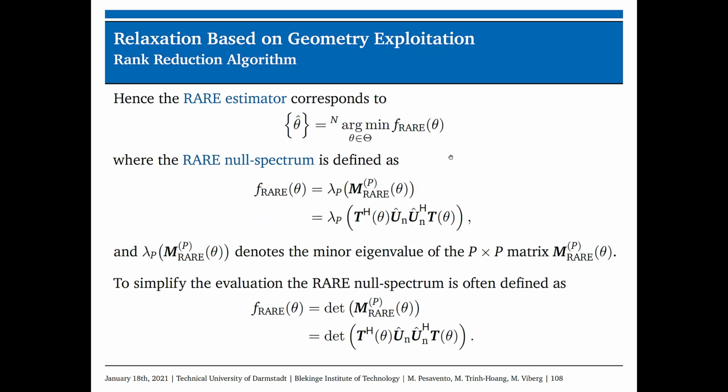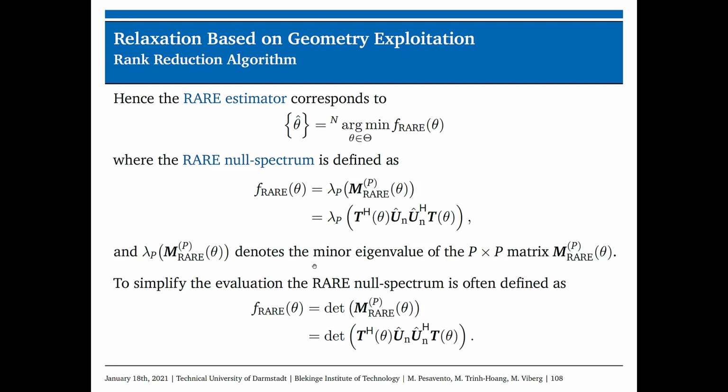Inserting this solution back into the objective, we obtain the RARE criterion that only depends on the source DOA. So hence we can employ a spectral search to find the directions of arrival. The RARE function is the smallest eigenvalue of the RARE matrix M that we have defined.